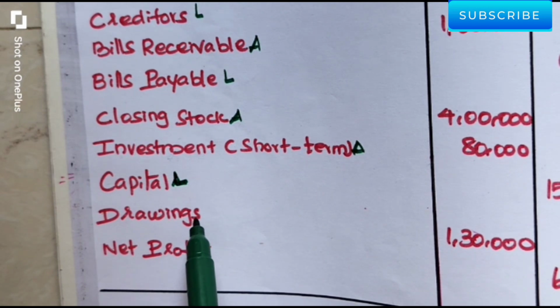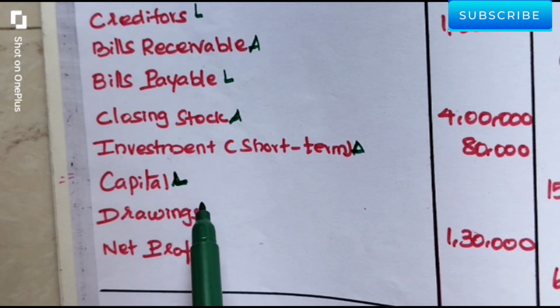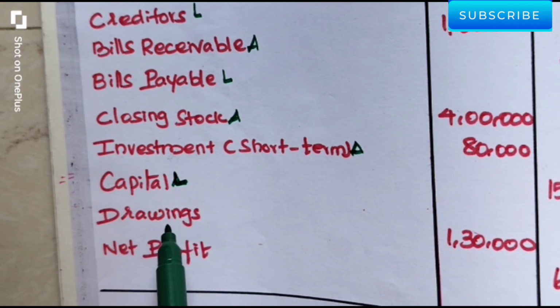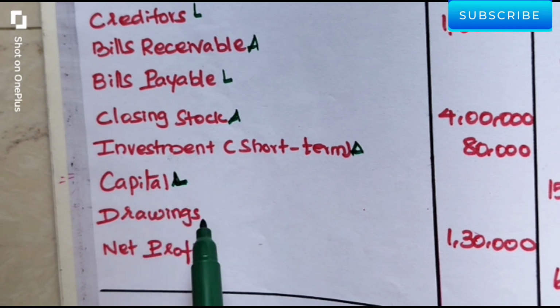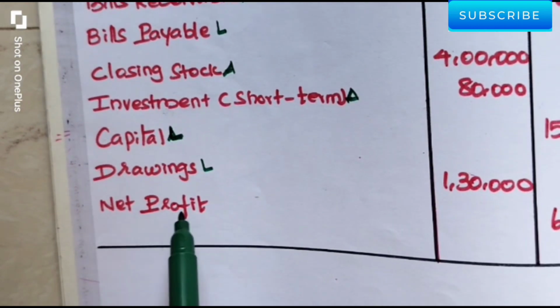Drawings means you take cash or cash worth of goods from your business for your personal use. That is called drawings. So drawings you have to subtract from the capital. So drawings goes to liability side. Then net profit.